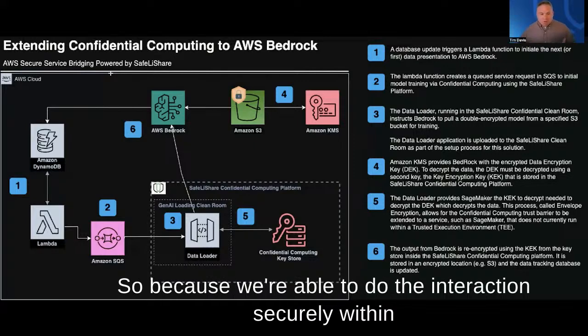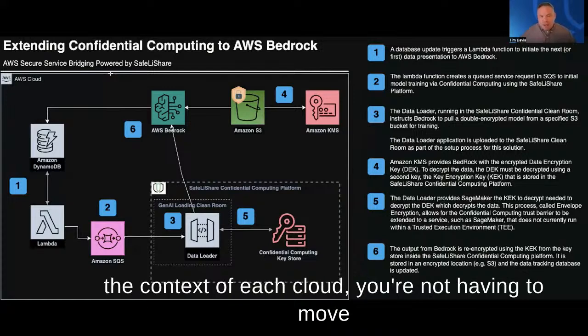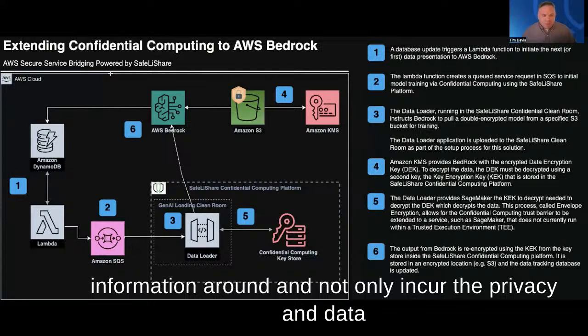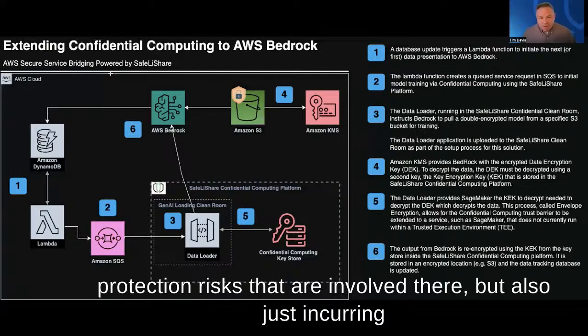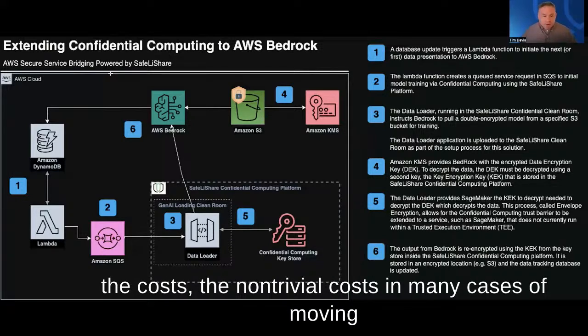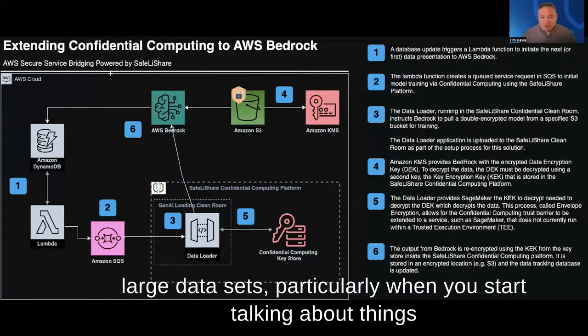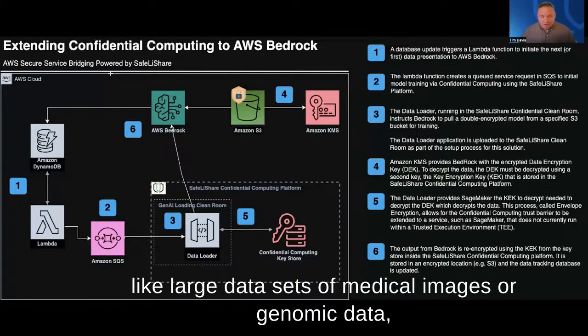Because we're able to do the interaction securely within the context of each cloud, you're not having to move information around and incur the privacy and data protection risks involved, but also the non-trivial costs, in many cases, of moving large data sets, particularly things like large data sets of medical images or genomic data.